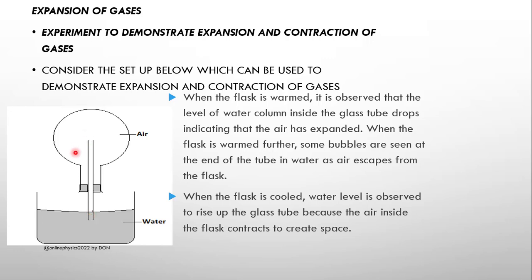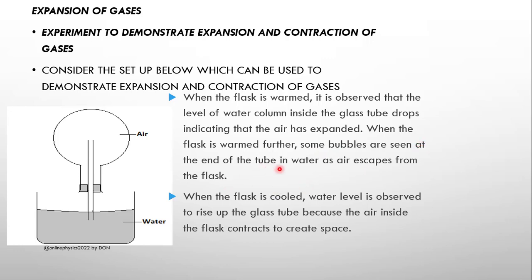Reason being, the air inside the flask will expand, and we said expanding means increase in volume. So the volume of this air will increase, therefore we'll have more air trying to escape, therefore pushing this level of water down.